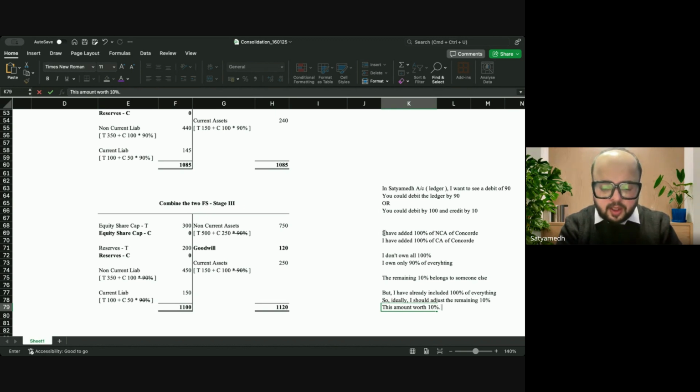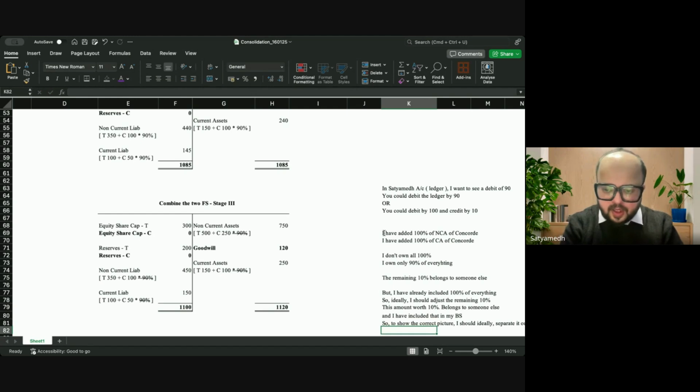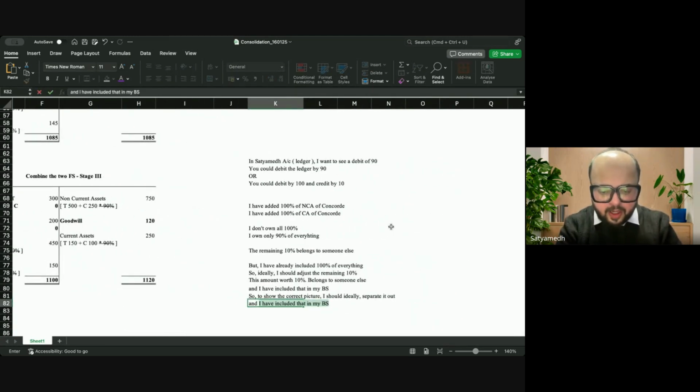This amount worth 10% belongs to someone else, and I have included that in my balance sheet. So to show the correct picture, I should ideally separate it out.